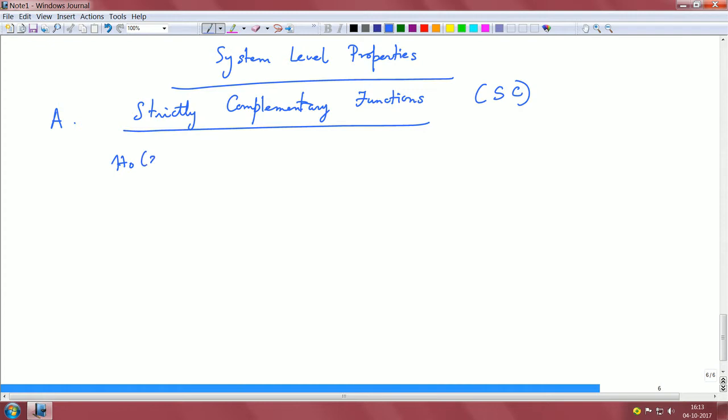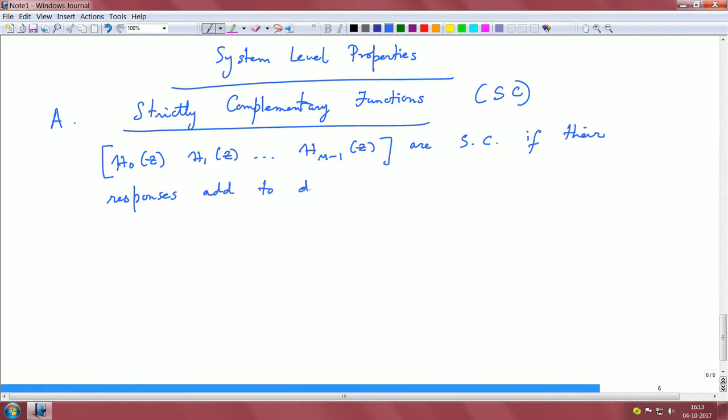So, H naught of z, H1 of z, dot dot dot, H M minus 1 of z are strictly complementary if their responses add to a delay. That means the sum over k equals 0 to M minus 1 of Hk of z is some c z power minus n naught.